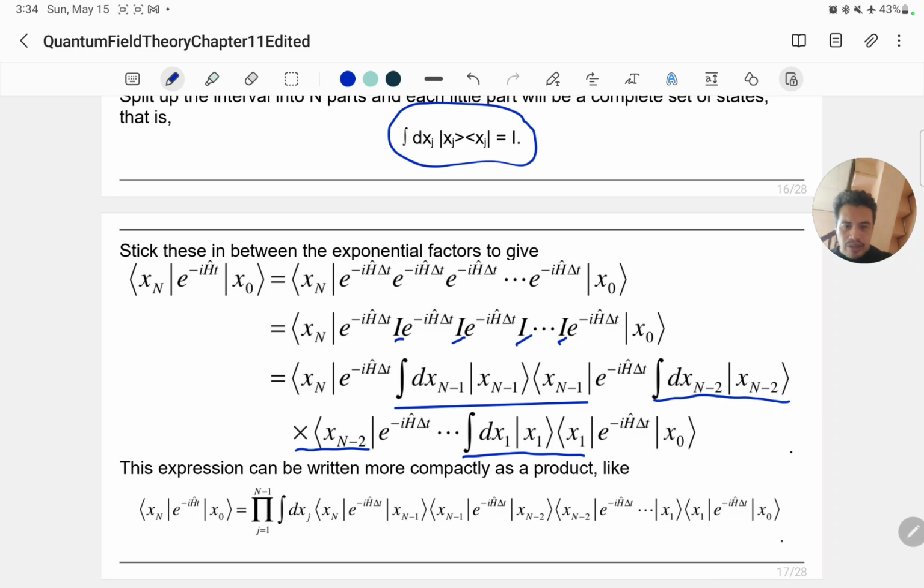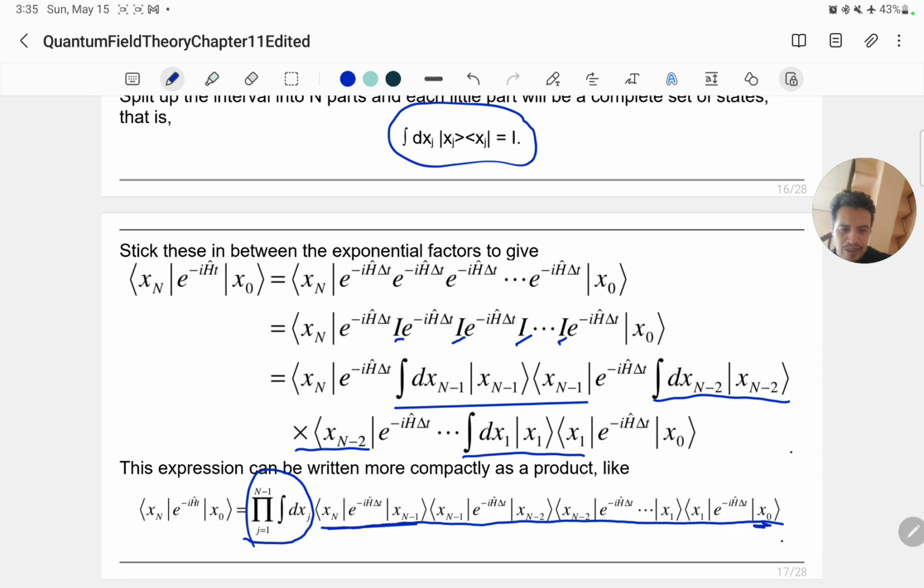And now we collect all the integrals dx, and we multiply everything in a compact notation, and so we'll be left with these. And look, what are these? These are just the amplitude for this case, from the nearest point, x sub n minus 1 to x sub n.